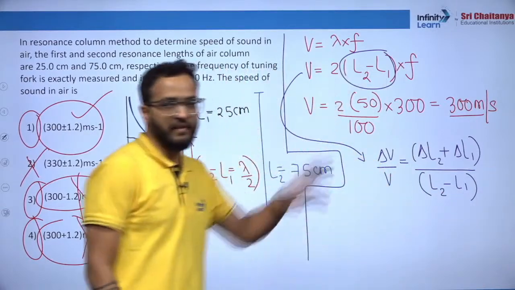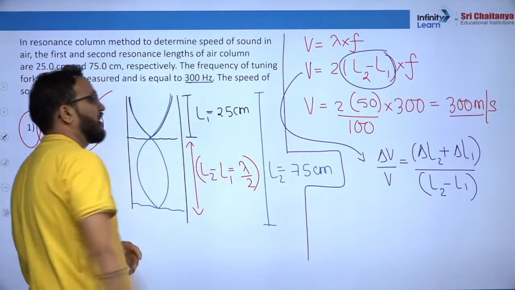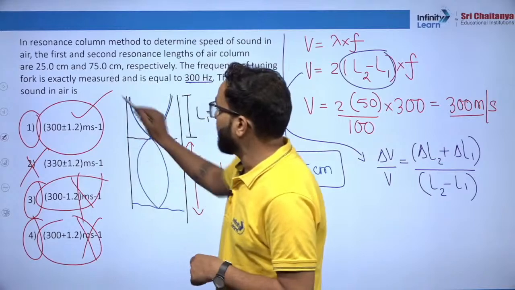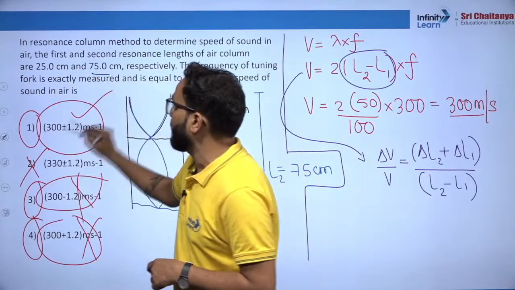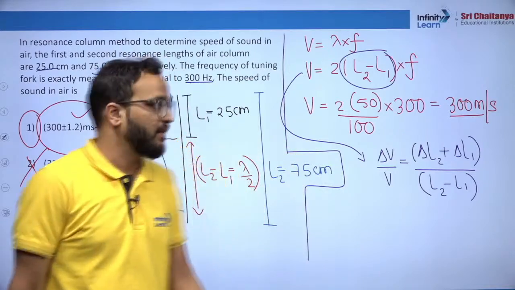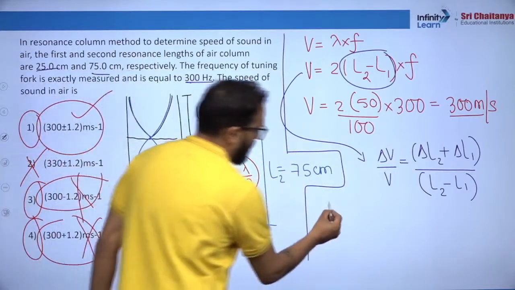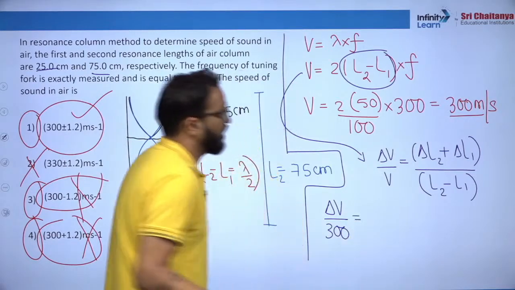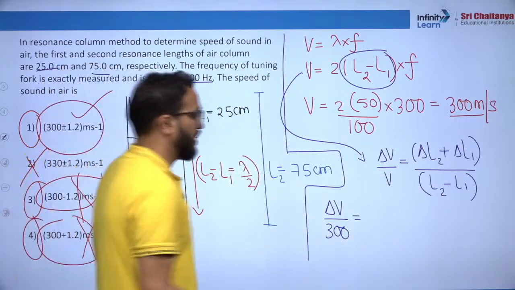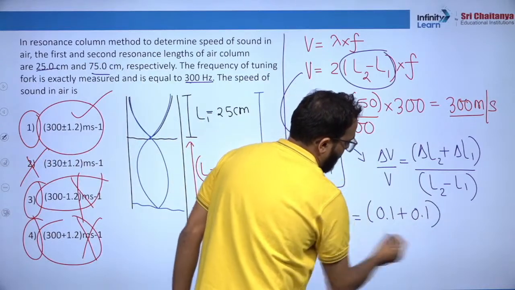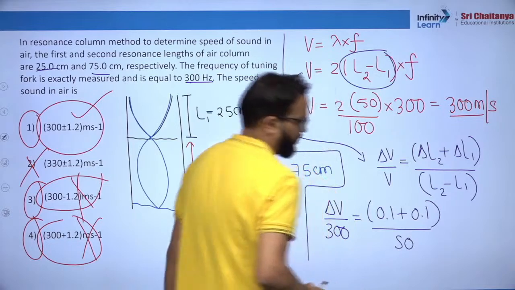And there is no error in frequency because frequency is exactly 300 Hertz. Now what is the error in delta L2? Can you tell me? It is written 75.0 centimeter and 25.0. So we will pick up the least count error, which will be 0.1 centimeter. So it will be delta V by 300 equals 0.1 plus 0.1 upon 50, right?